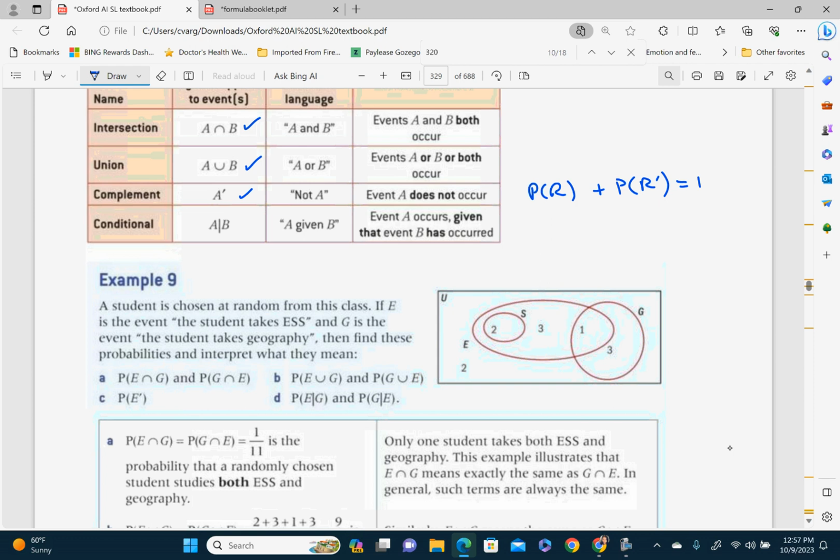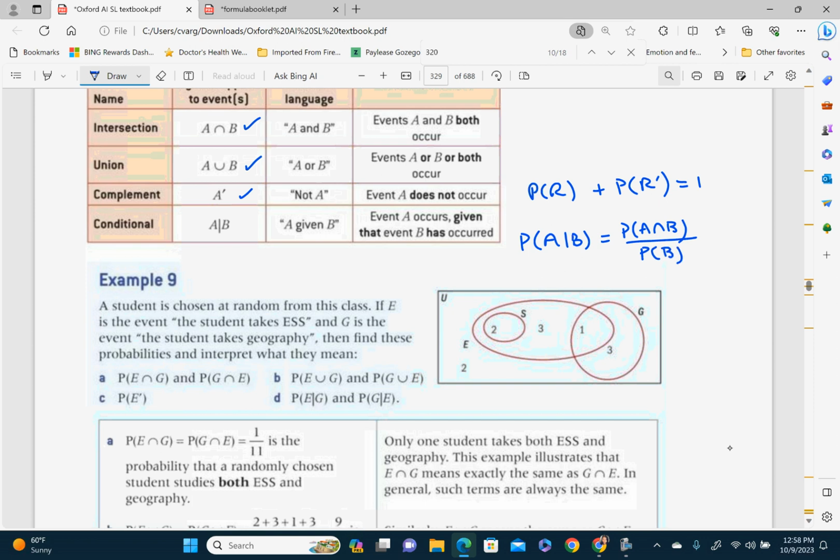That's where that's coming from. So complement just means something not happening. And conditional, it just gave you a formula, right? The probability of A given B is always going to be the probability of both A and B divided by whatever's second, so the probability of B, okay?